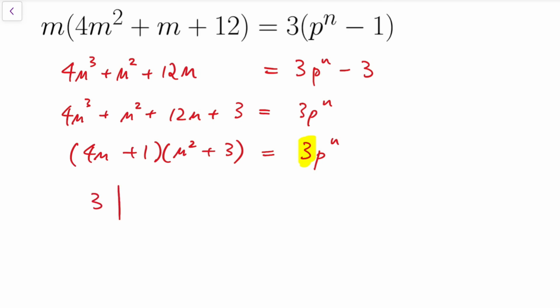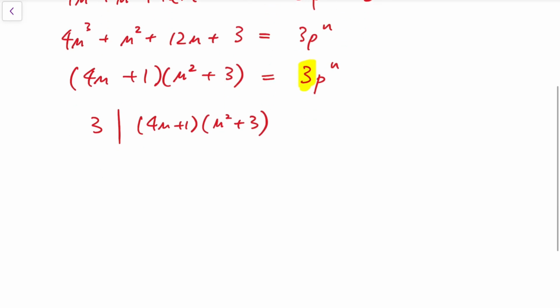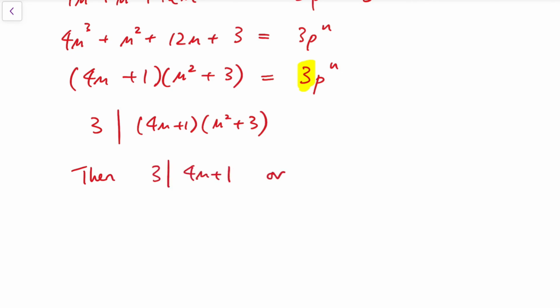To do this, I'm going to consider the fact that 3 divides the product on the left. Since 3 is also a prime, then either we can say 3 divides 4m plus 1, or 3 divides m squared plus 3.